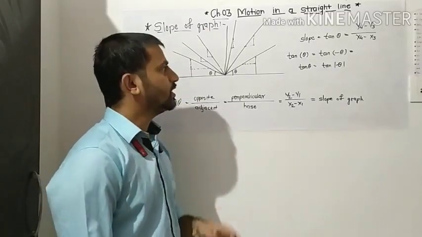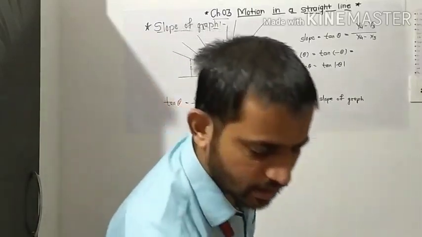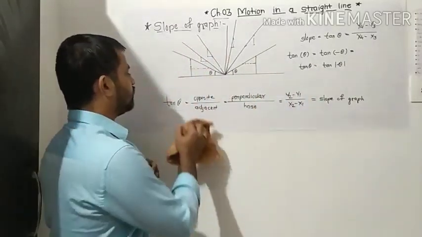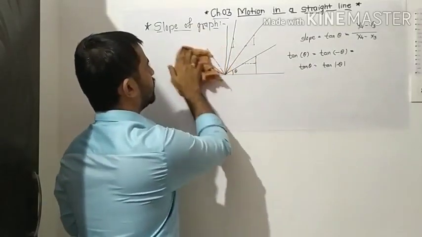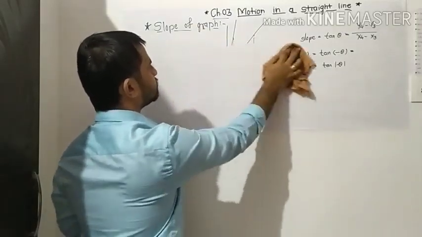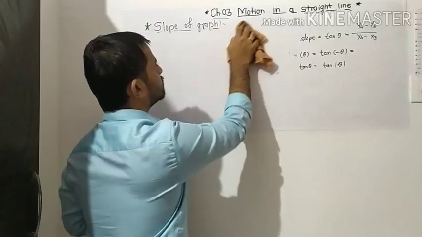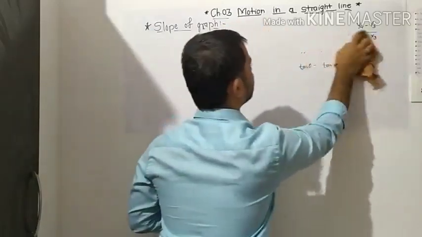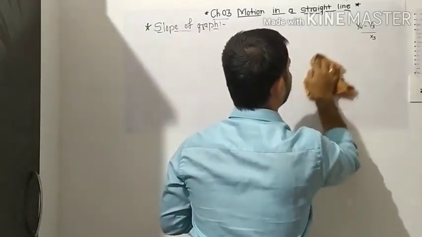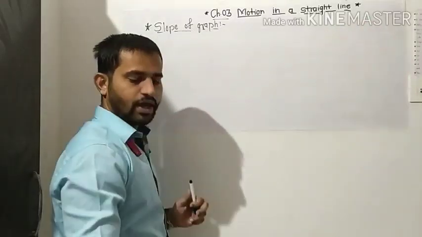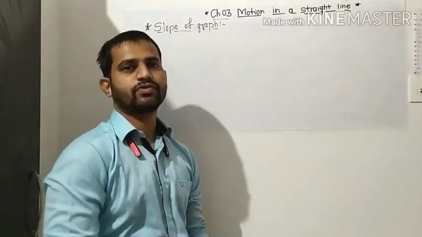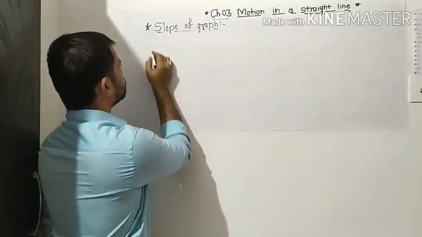Similarly, we are going to represent a number of physical quantities by using slope. Suppose we have a number of position values with respect to time.